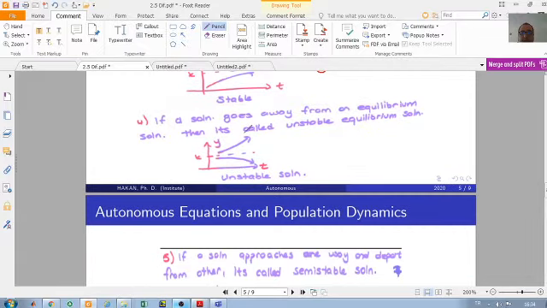If a solution goes away from an equilibrium solution on both sides, then it's called an unstable equilibrium solution. The solution is unstable. Namely here, the slopes are positive, and here the slopes are negative.